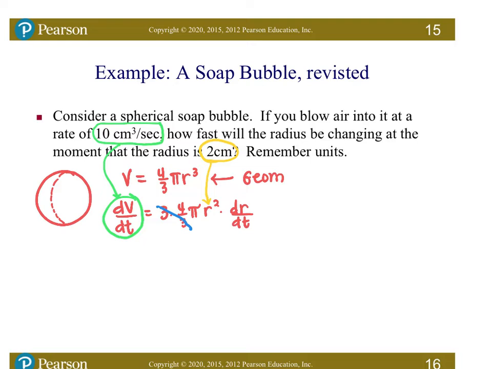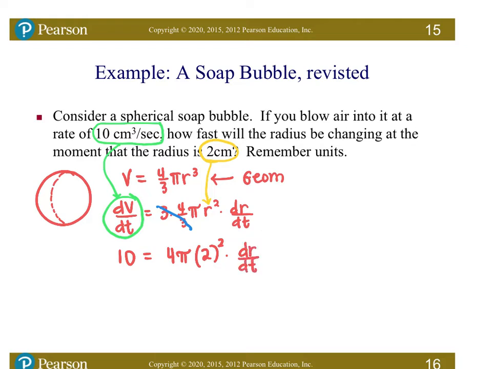So let's see what we've got. The 10 is going to be positive because we're blowing air in. If we were sucking air out, it would be negative. So this is a positive 10, which equals 4 pi, and then 2 goes in for r squared, and then we have dr/dt.